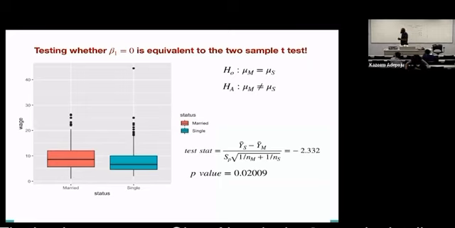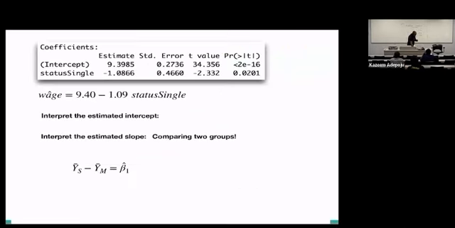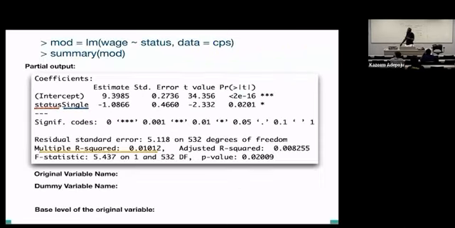Now, in the two-sample t-test, of course, this is what you're going to do. You get a t-value, then you get a p-value, right? In the dummy regression, if I want to take a decision, I'm going to go back here and take a look at this. What is the p-value for the status single? It's 0.02, right?